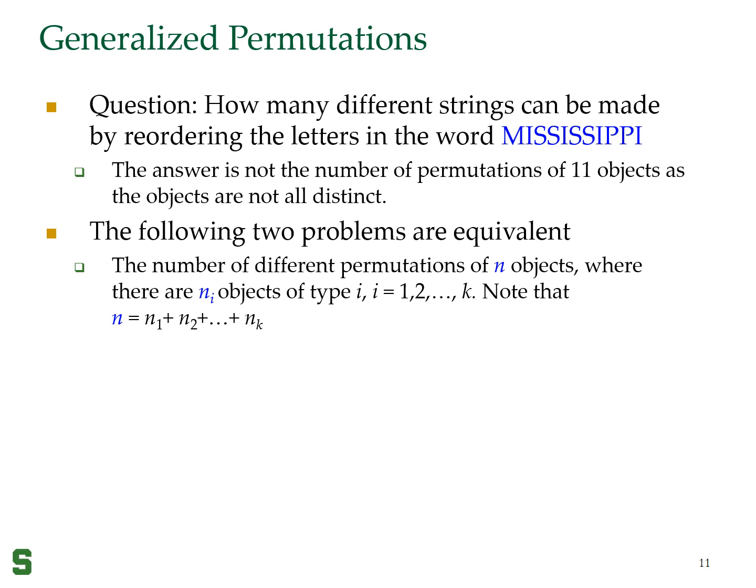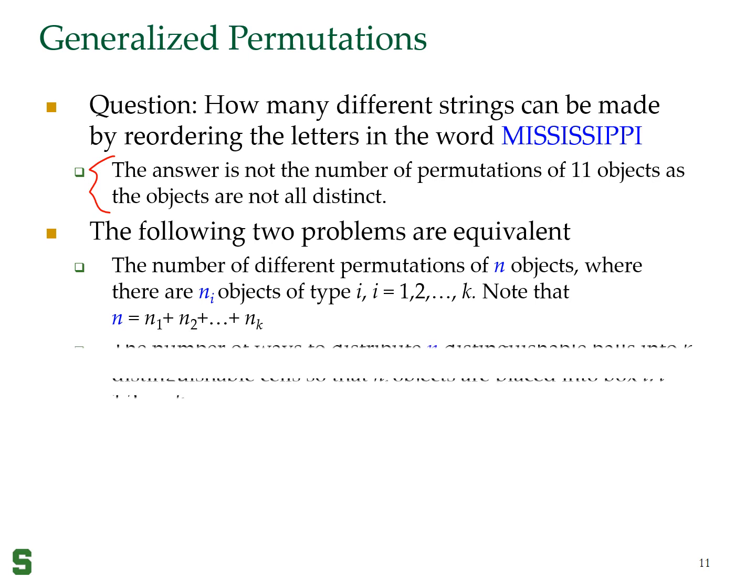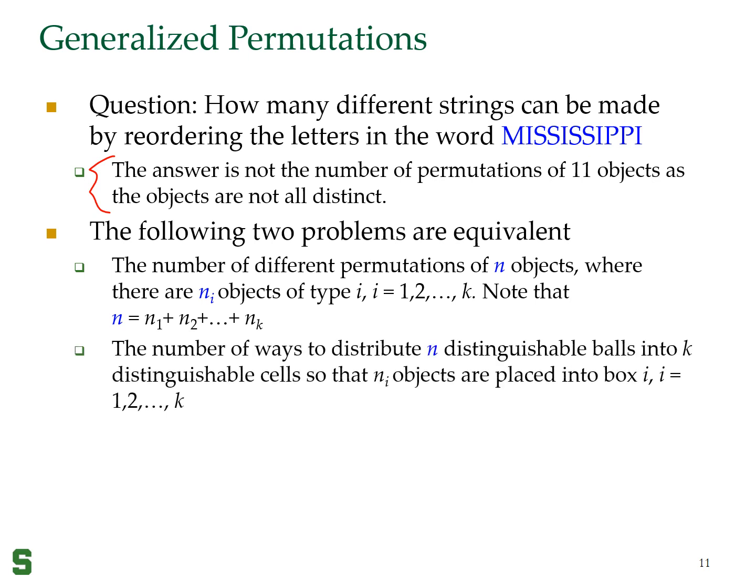So first thing to observe is that the answer is not going to be permutations of 11 objects because all objects are not distinct from each other. So one thing that we can say here is that the two problems that we have here are equivalent.